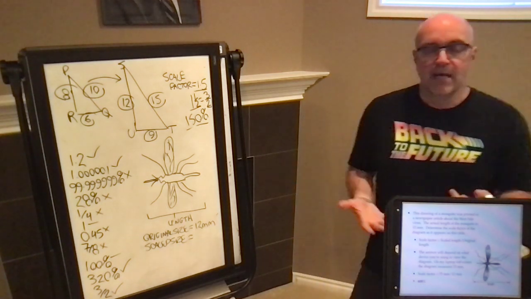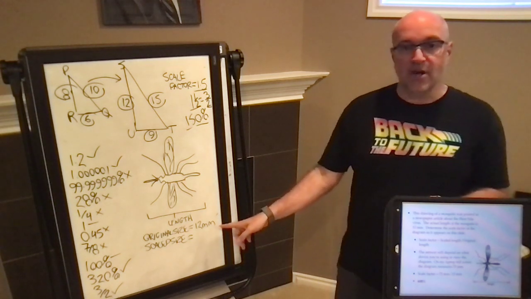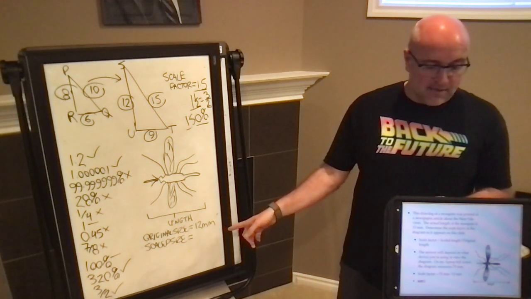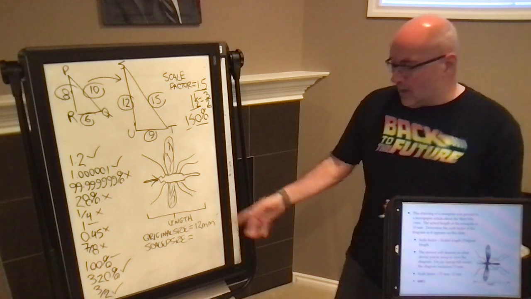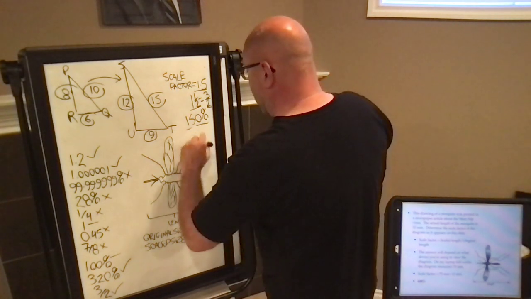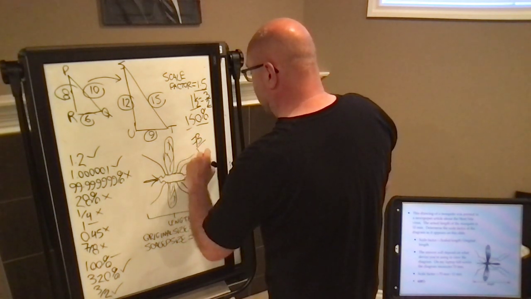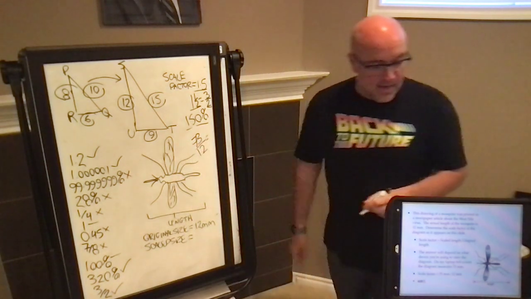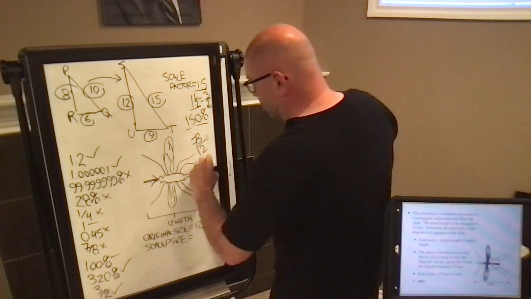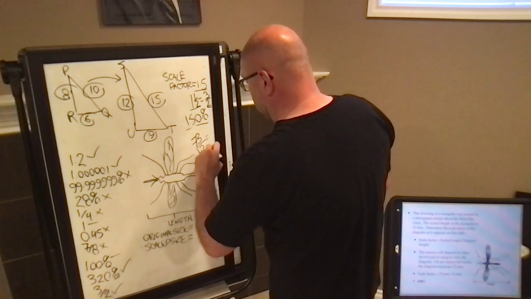The original size of the West Nile mosquito that we drew there is 12 millimeters. So on my laptop, it would be 73 millimeters over 12 millimeters, and that would give me a scale factor of roughly 608%.